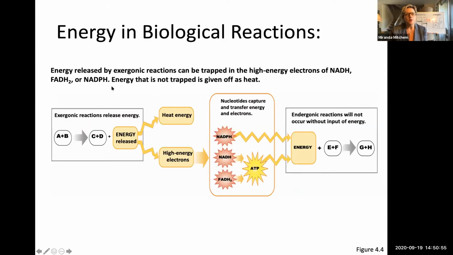Okay, so that's kind of what I was just talking about. We can visualize here. So we have our exergonic reaction. The reactants A and B yield C and D, and there's energy that is released. Some of it is lost in the form of heat.